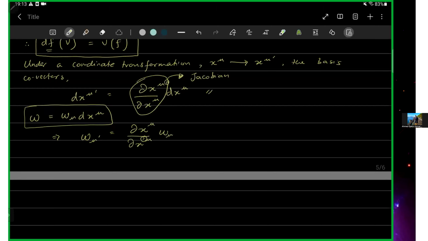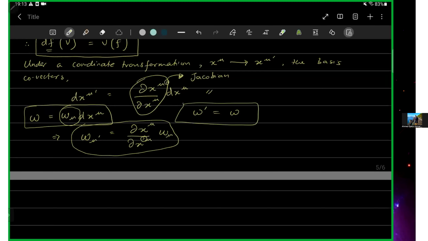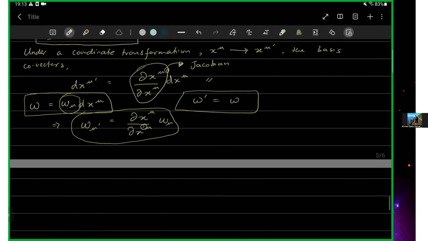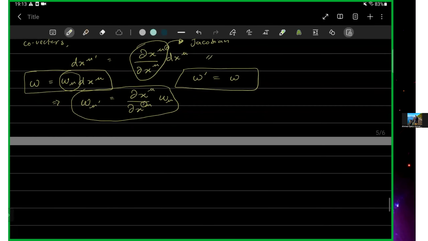So what this does is, if the component of the covector transforms in the following way, when you plug this in over here and you want to find omega prime, it would still always be equal to omega because of this transformation rule. Okay, and that is what we expect. We expect that the omegas, basically the covectors, should be invariant under coordinate transformation. Okay, and in fact, this transformation rule is one of the defining properties of covectors.